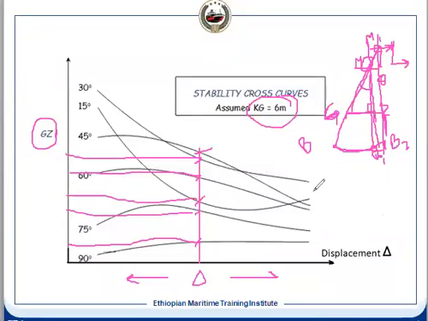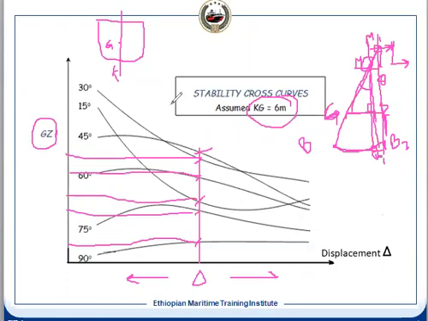So just think about it this way. This is the ship, and for an example it is upright. This is the G, and we have taken KG 6. This is K, and this is KG.